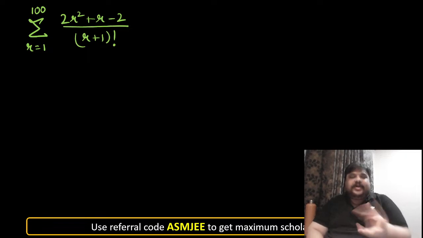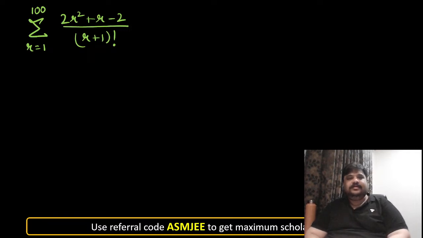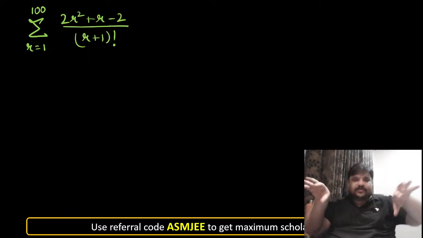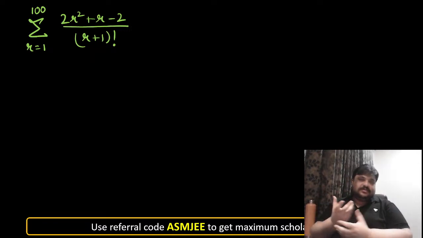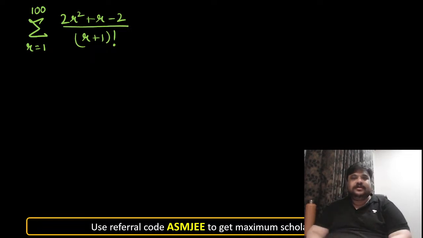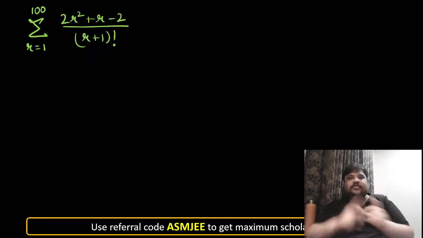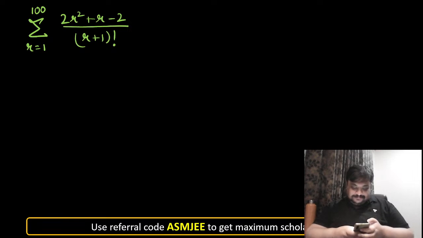But at one point you'll start thinking there must be some logic behind these hit and trials, right? How to think that in which form should I separate? So you can start by predicting those forms, and then try to compare the coefficients and you can get it.